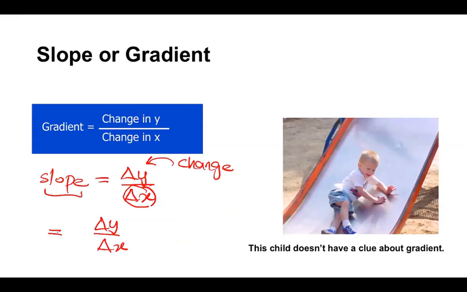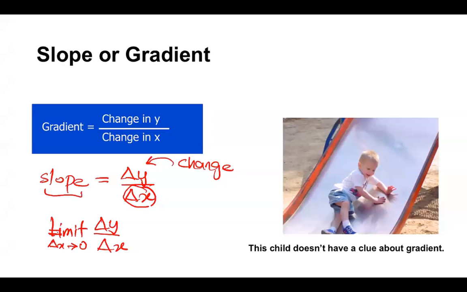Instead, let me simply use the word limit. This is a fancy word, and limit means we want to limit the change in x. So let's say the limit as delta x is extremely small, that means it goes to 0. So change in x goes to 0. That's how we can improve the very idea of slope.